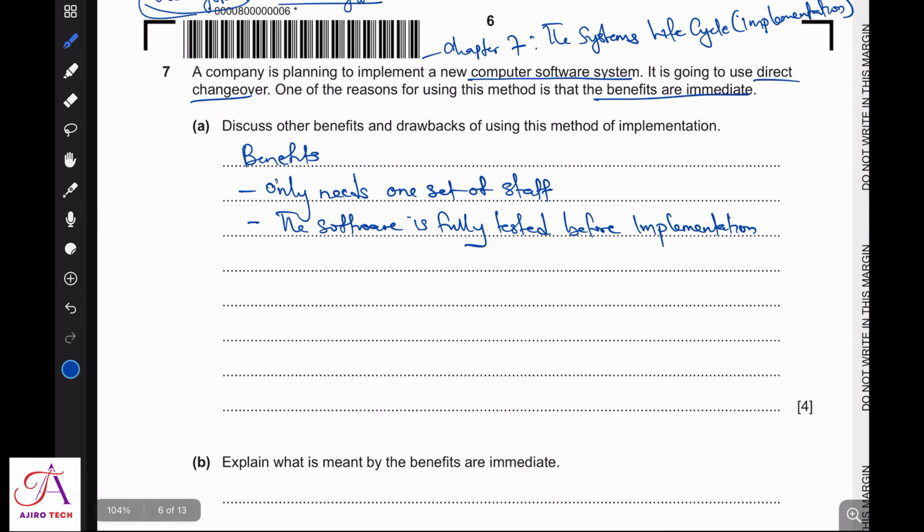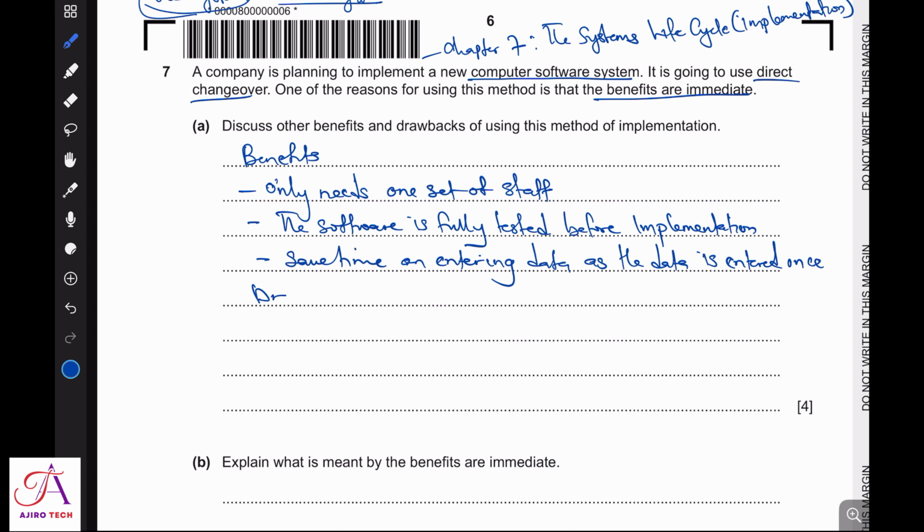You can also say that it saves time on entering data, as the data is entered once.